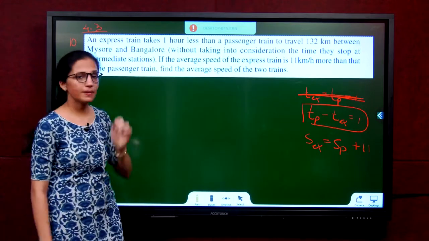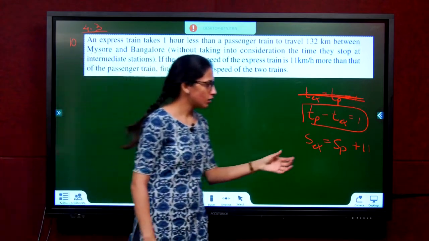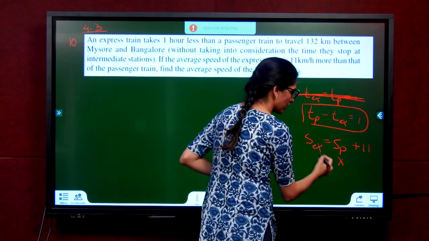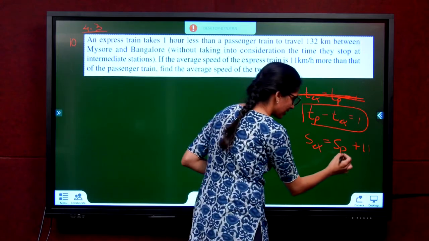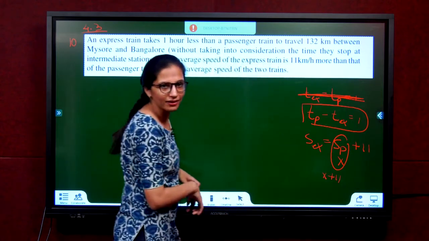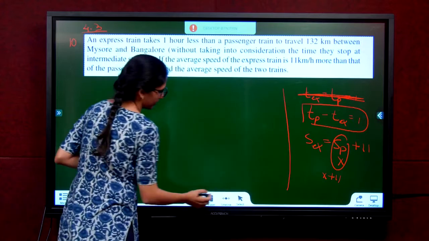Find the average speed of the two trains. So who will you take as X? We have already learned, so I will take the passenger train as X. If this is X, express will become X plus 11. So I'll be using this in my answer.